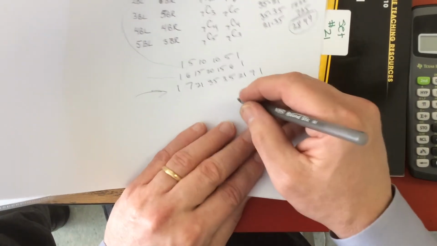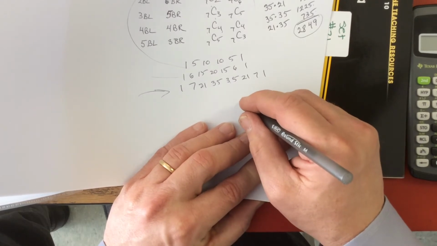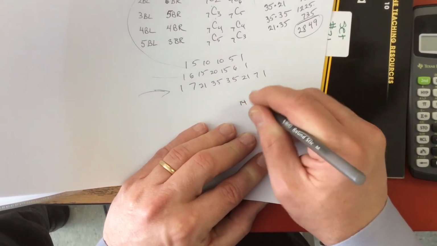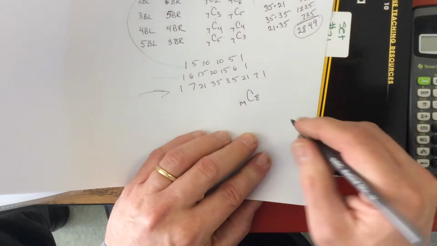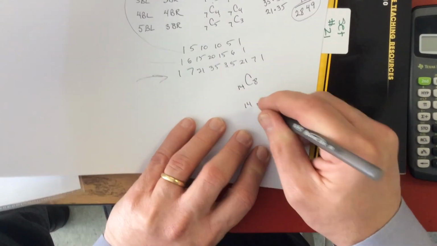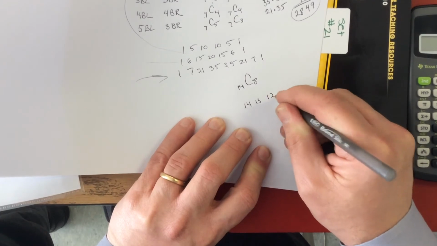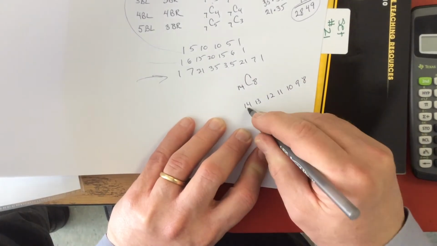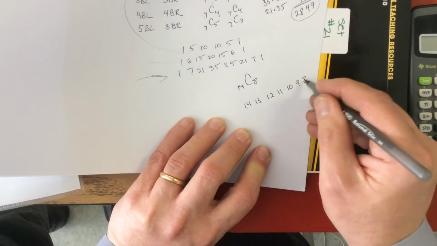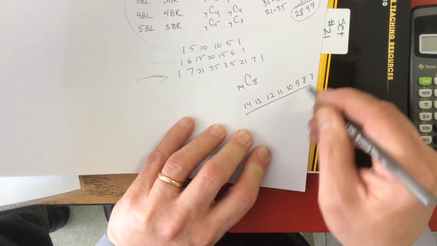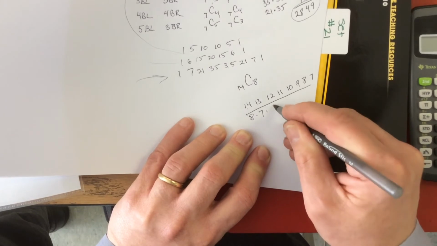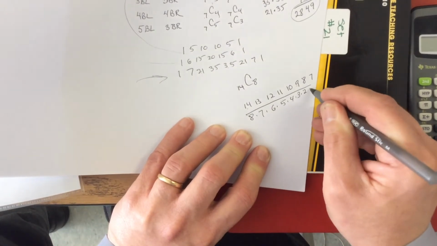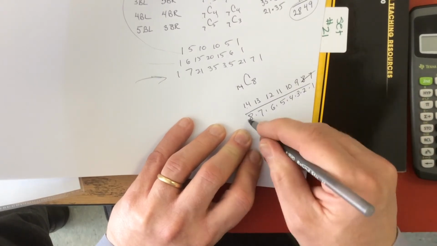And how many ways are there to choose 8 buttons out of 14? It would be 14 choose 8. What does that look like? 14, 13, 12, 11, 10, 9, 8 over 1, 2, 3, 4, 5, 6, 7, 8, divided by 8 times 7 times 6 times 5 times 4 times 3 times 2 times 1. The 8s and the 7s go away.